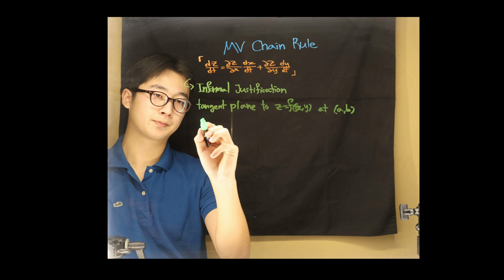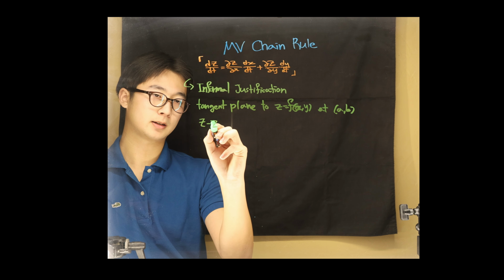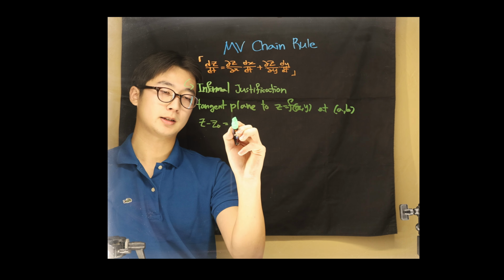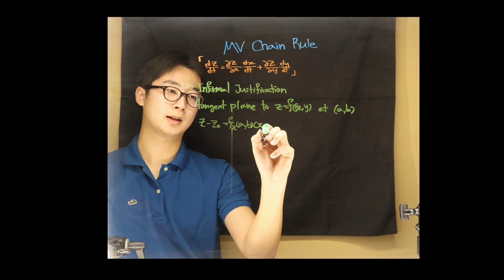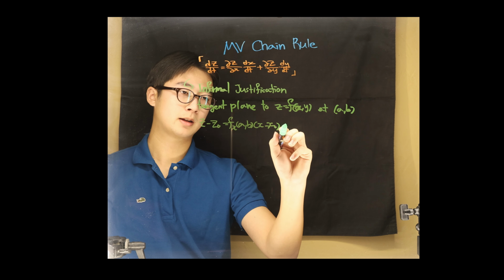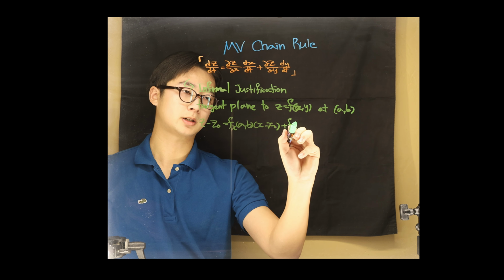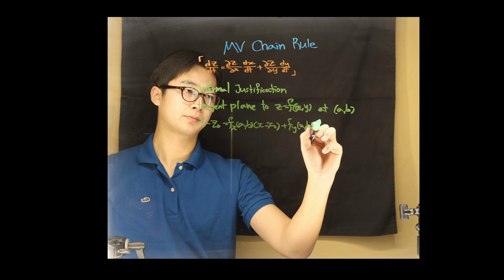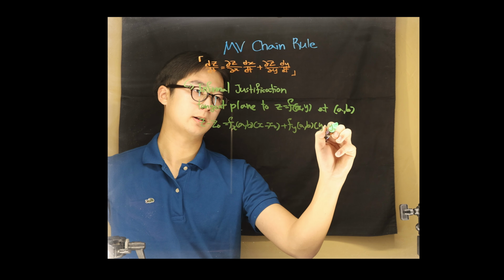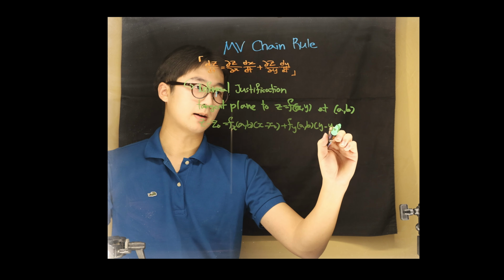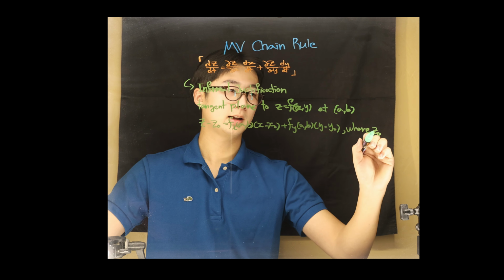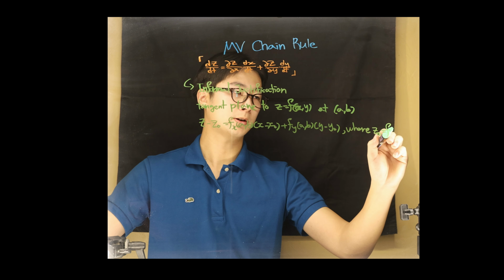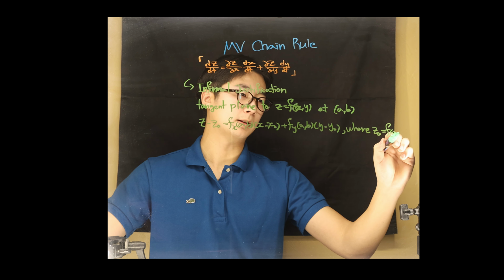So the equation is z minus z naught is partial x of AB times x minus x naught plus partial y of AB times y minus y naught, where z naught is just the function at the point AB.